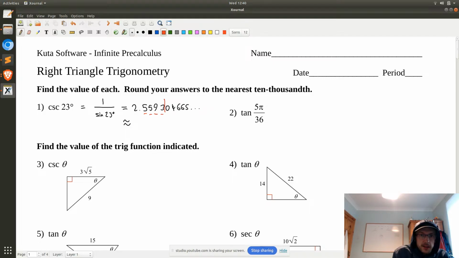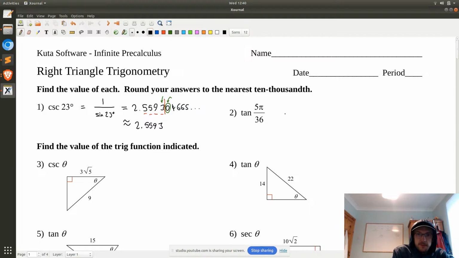So basically, they're asking for 4 decimal places. That right there is called my decider digit. It will decide what the value of that will be right there. And in this case, it will stay as 3 because that happens to be a 0. So 2.5593.